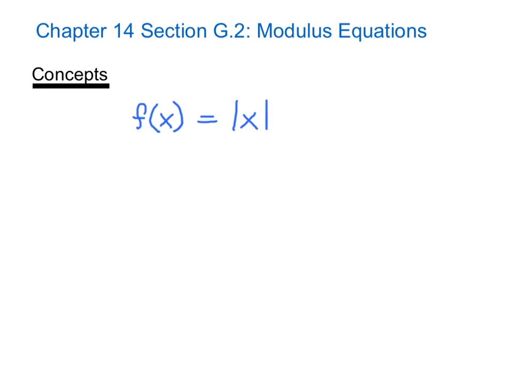So really quickly, I'm going to write down some of the properties of the modulus function. And these are properties that hold true for any real number. So the first is that the modulus of x, or the absolute value of x, is never negative.